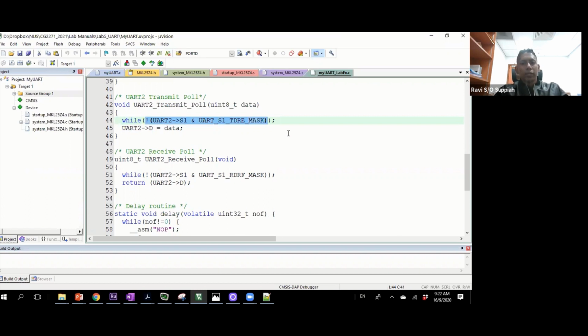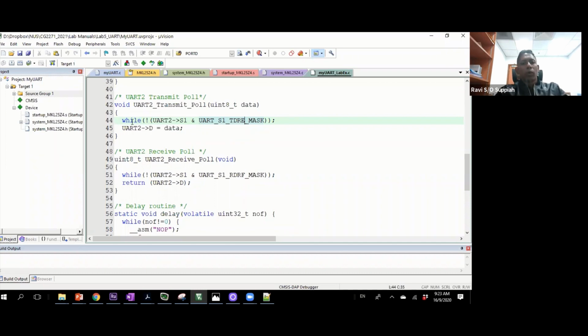Can you all check and tell me what I'm doing here? Why am I checking this particular bit in this register? Okay, yes, the comments are coming in. It's checking whether it's empty. The TDRE flag is transmit data register empty. So we are trying to check whether it's empty.